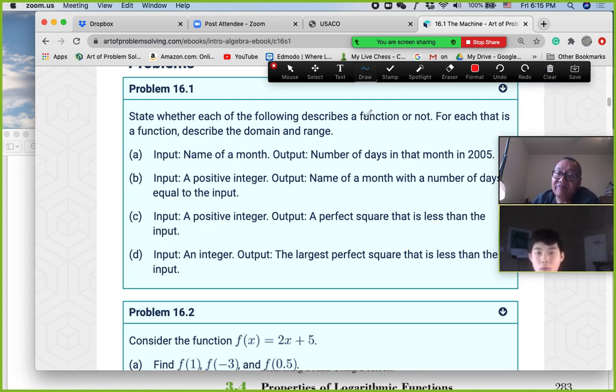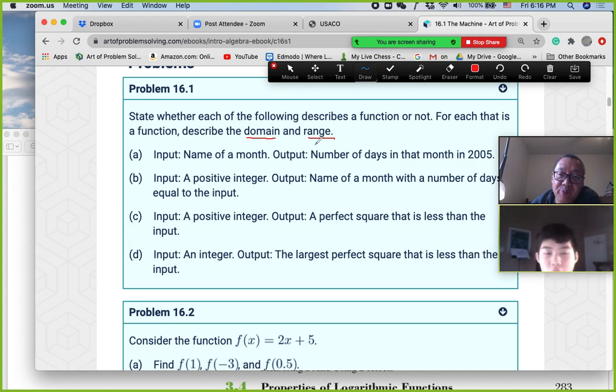So now let's see. When you say it's a function, they ask you to describe what the domain is and what the range is of this function. Now let's say A. You already told me this one is a function. So what is the domain? What is the range of this function? The domain is the name of a month.